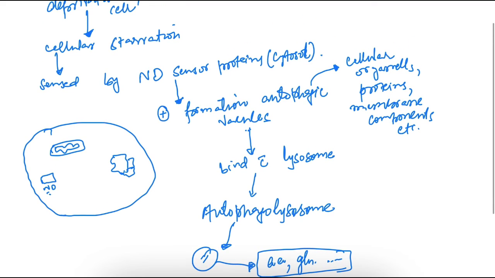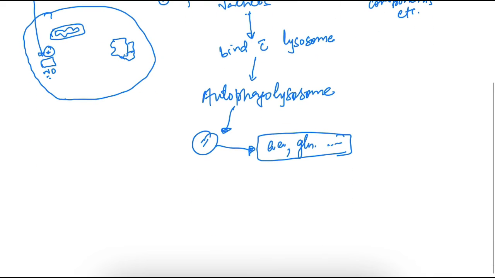How does it get activated? By sensing the cellular starvation or nutrient deprivation conditions. This leads to the formation of the autophagic vacuole. That autophagic vacuole in turn encloses organelles like mitochondria, Golgi, membrane components and other cytosolic proteins.